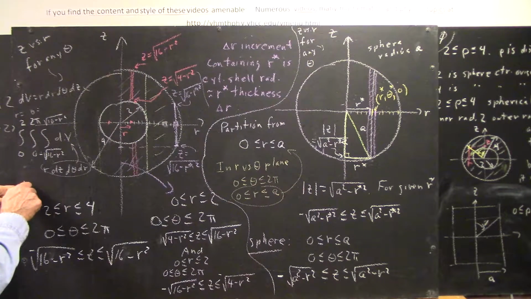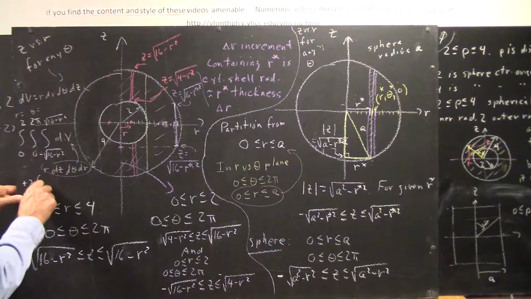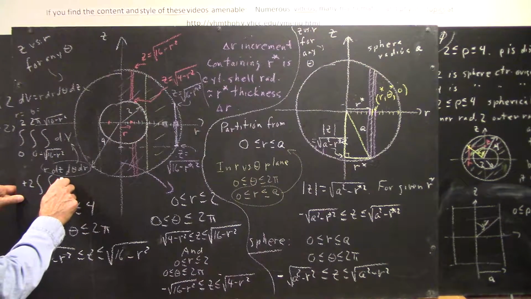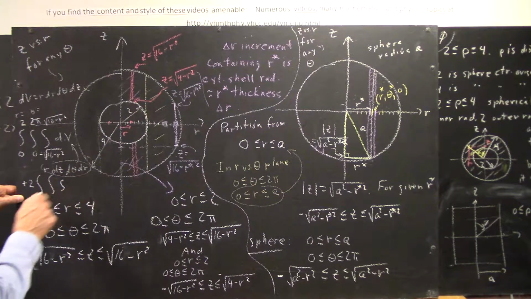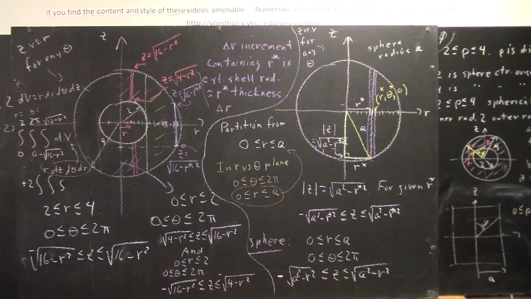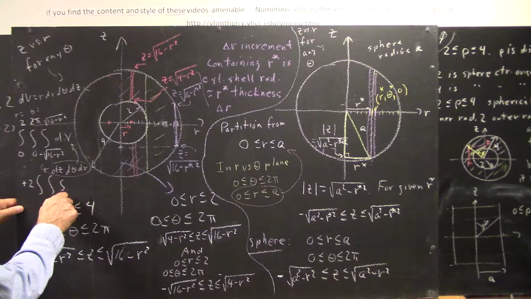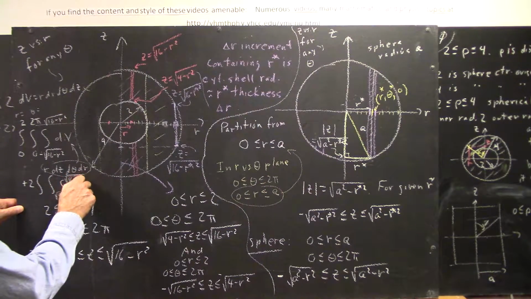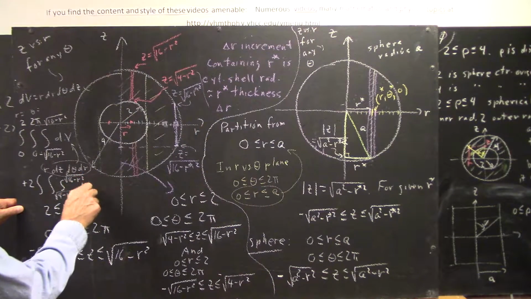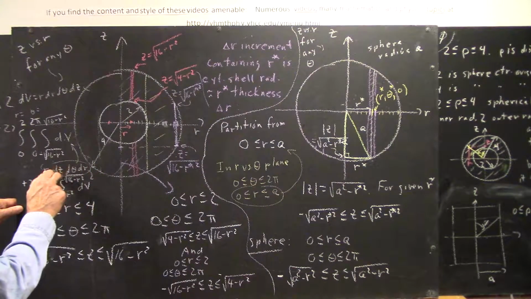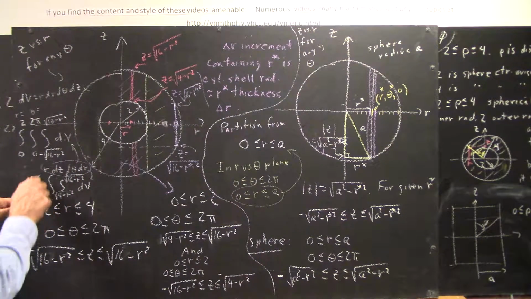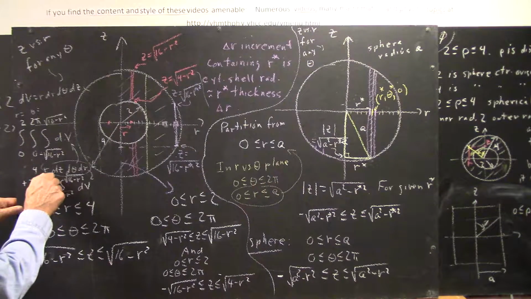But then it would have to be plus, and we could do 2 times the integral, and I'm not going to have a lot of room to write the z limit, so I'm going to make that integral sign smaller. Okay, we would go from the square root of 4 minus r squared to the square root of 16 minus r squared dV, where again our dV is going to be r dz d theta dr. And of course then we're going to go from r equals 2 to r equals 4, and theta from 0 to 2 pi.